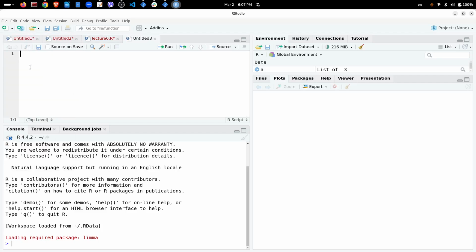Okay, I have an observation, let's call it T0, and this is the 1.58. We know how to calculate it.